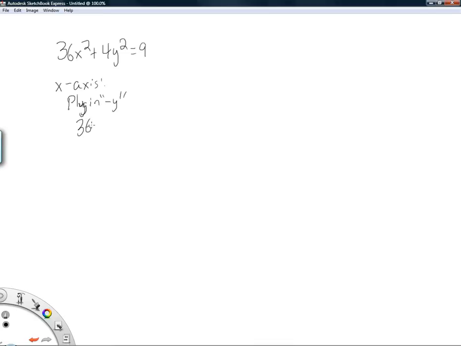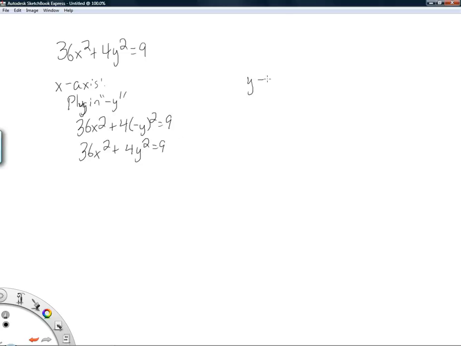So 36x squared plus 4 times the opposite of y squared equals 9. And simplify. Squaring the opposite of y is like squaring negative 1, which is positive 1, and we now have 4y squared equal to 9. It's the same as the original, so this graph does have reflection over the x-axis.